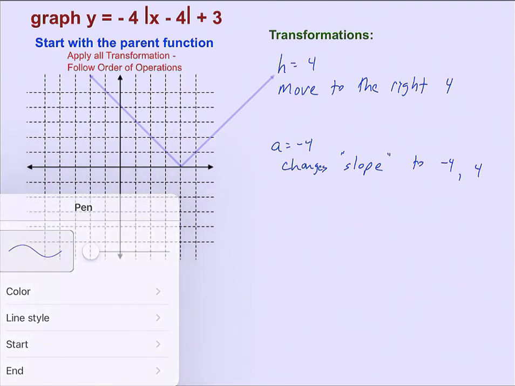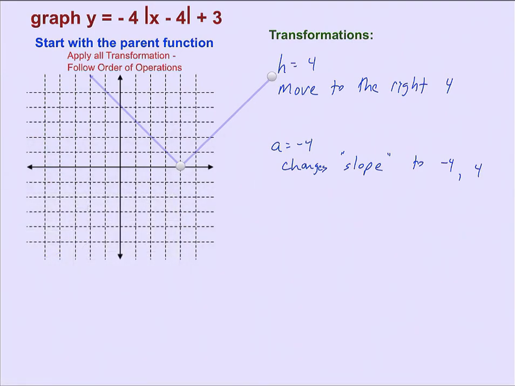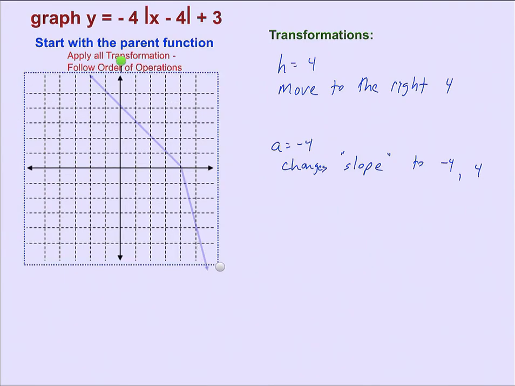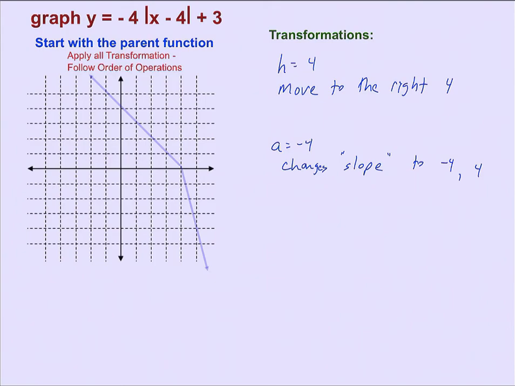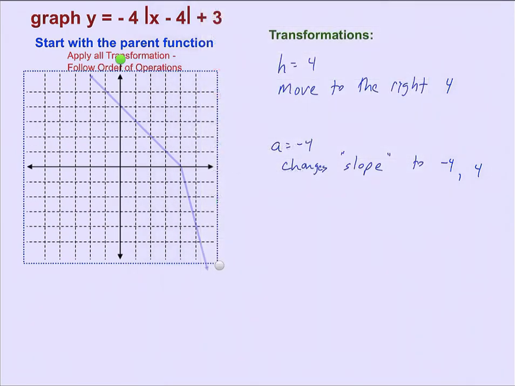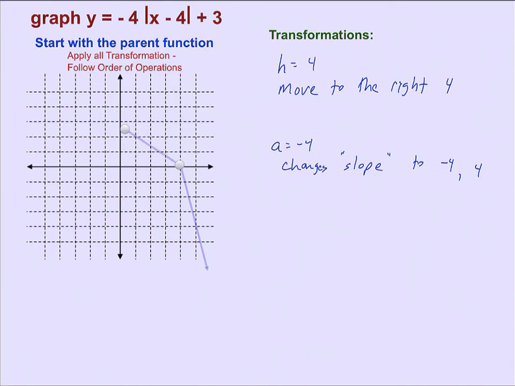So instead of a slope of 1, I'll now have a slope where on this side it goes down 4 over 1. And on the other side, down 4 and back 1. So passing through that point.